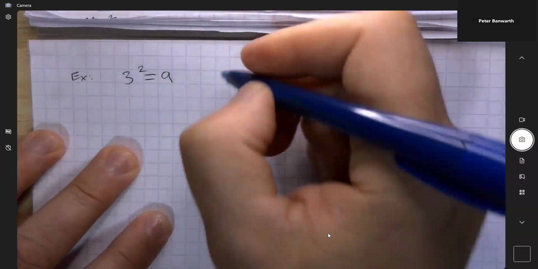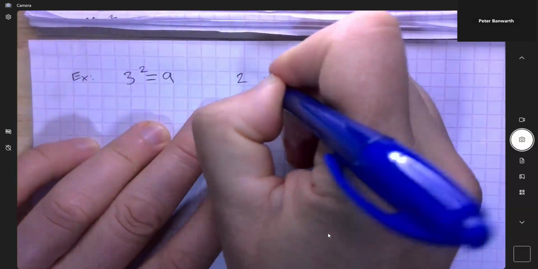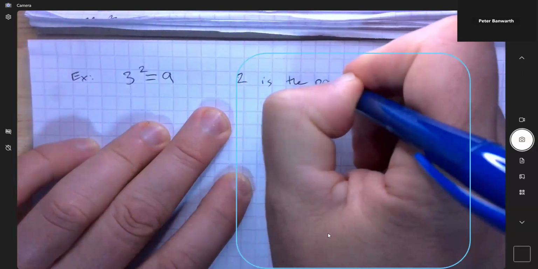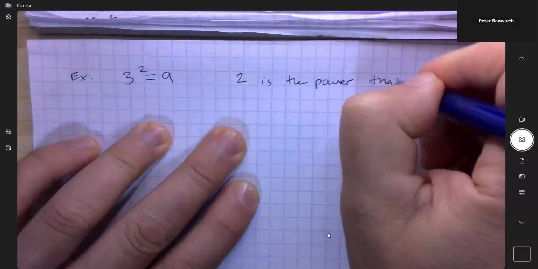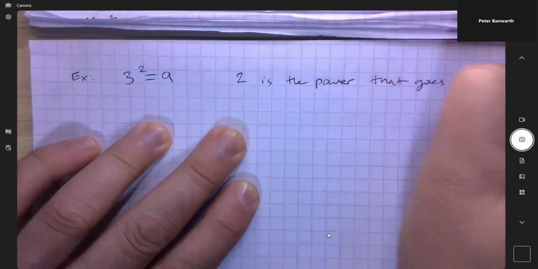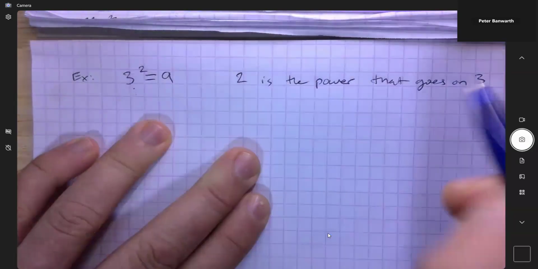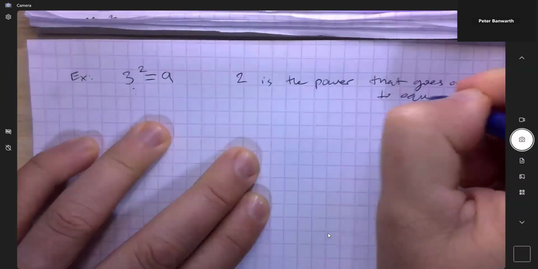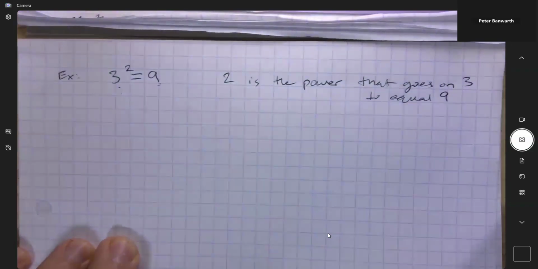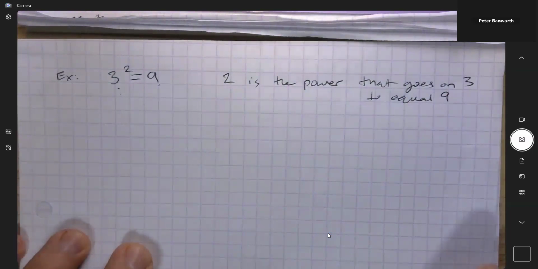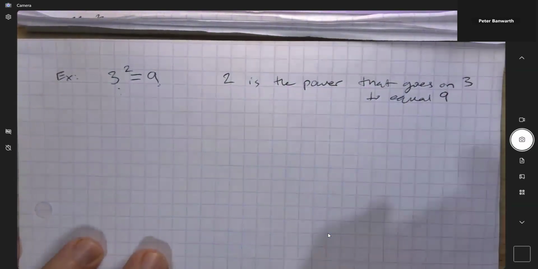Now, if I were to say that in words, I would say that 2 is the power that goes on 3 to equal 9. The logarithm takes that 9 and sends it back to 2.